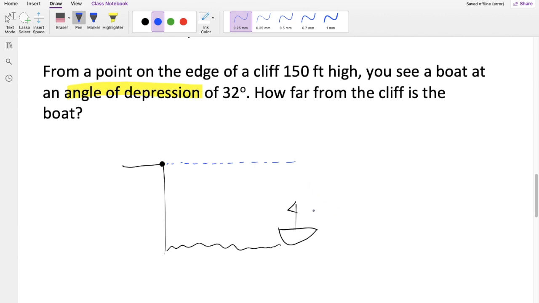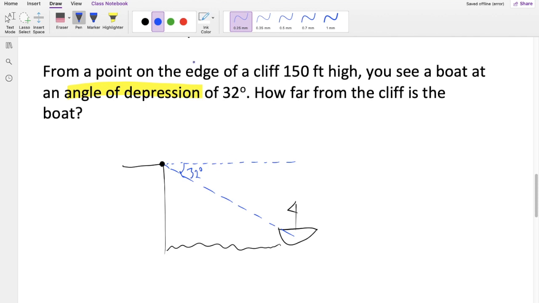It said depression, so that means our angle is going to be going down from here. So here is the angle to the boat. This right here is the angle of 32 degrees, the angle formed between that horizontal line and you looking down.